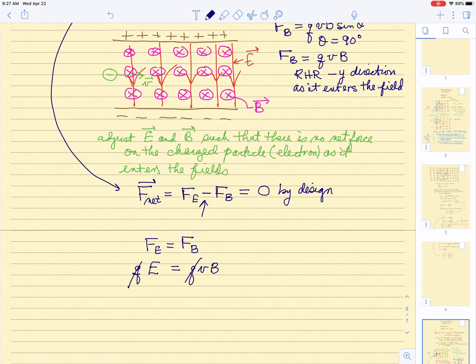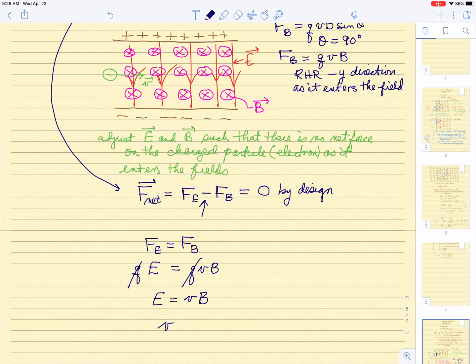The Q's will cancel, so it really doesn't matter what the sign of the charge is, or how large that charge is. The charge will cancel, and we get a rather simple but beautiful expression relating the speed with which that charged particle enters, the electric field strength and magnetic field strengths in magnitude.